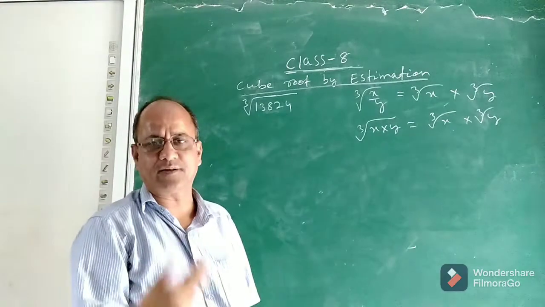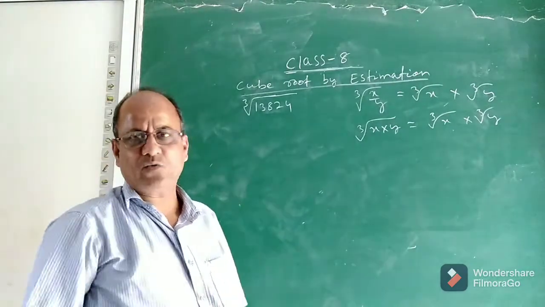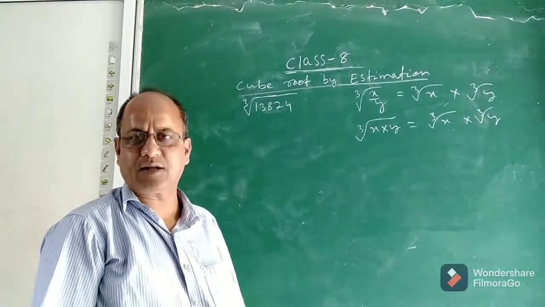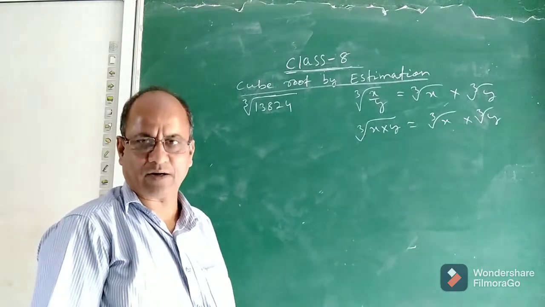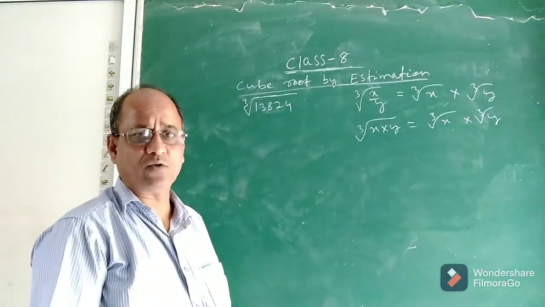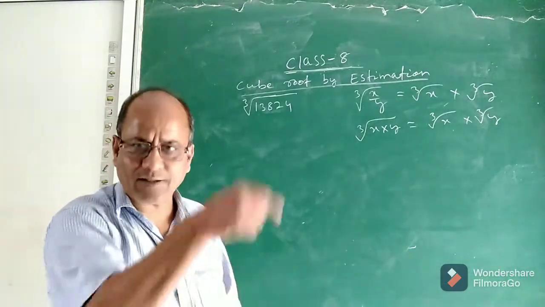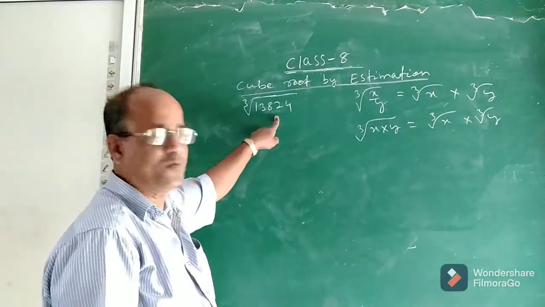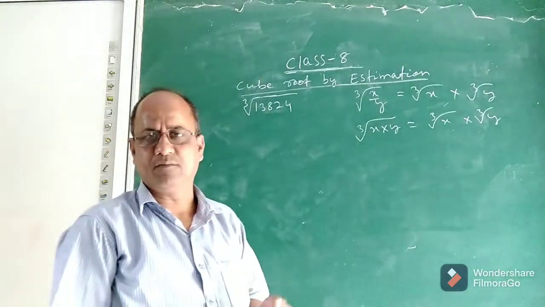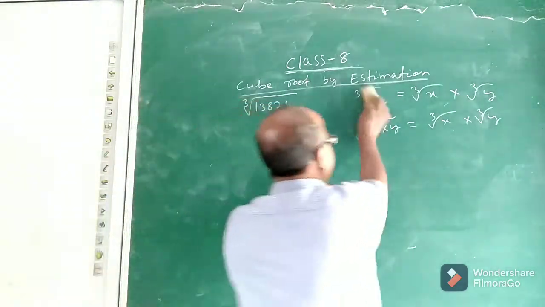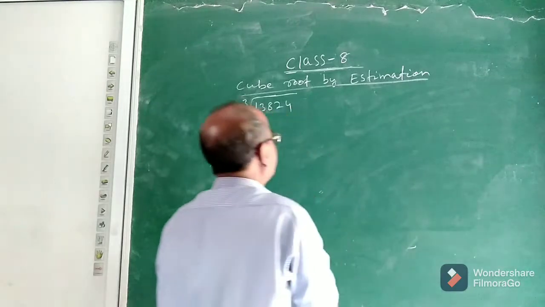Children, while discussing square root by estimation method, I hope you must have understood those things. But here the process is a bit different. So what are the different steps to find the cube root of any perfect cube by estimation? Let us discuss.